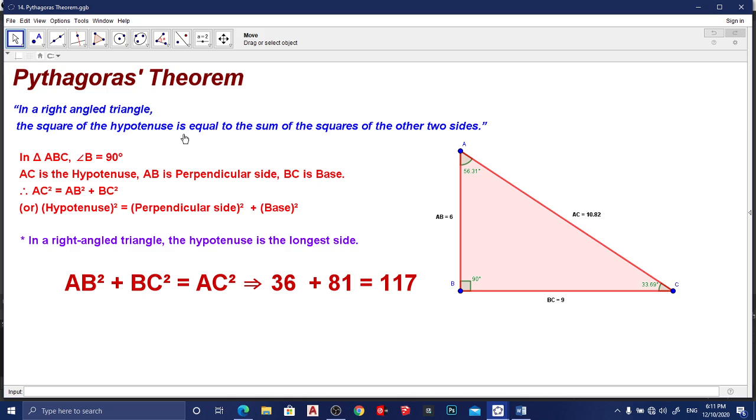The square of the hypotenuse is equal to the sum of the squares of the other two sides. Before learning this theorem, first you have to know the names of the sides in this right angle triangle. This side is the longest side, which is AC.